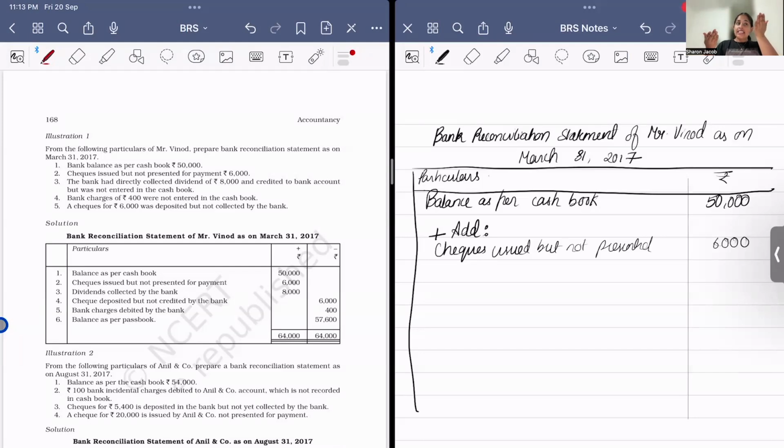We are just seeing whether we should add to reach there or subtract to reach there. If it was one entry, very clear, you just add or you subtract. Because multiple entries are there, all the additions we will add first and all the subtractions we will subtract later. So again, dividends collected by bank, we will add.